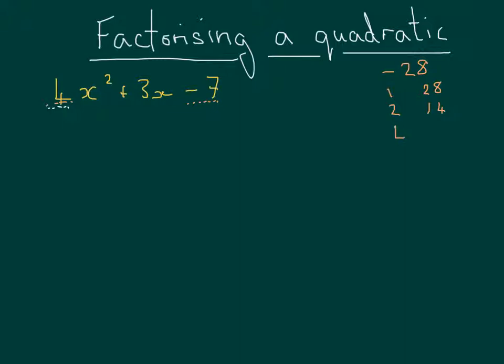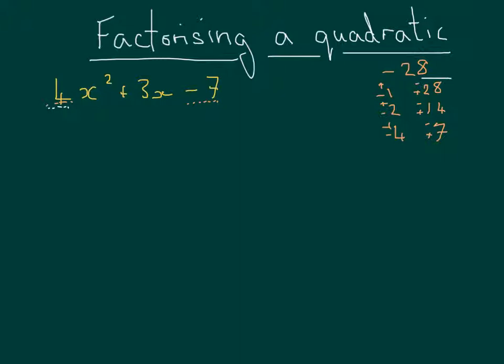No. 4 times 7, and those are our factors. But to get minus 28, the signs must be different. So it could be either plus 1 minus 28 or minus 1 and plus 28. It could be plus 2 times minus 14, minus 2 times plus 14, plus 4 times minus 7, or minus 4 times plus 7.